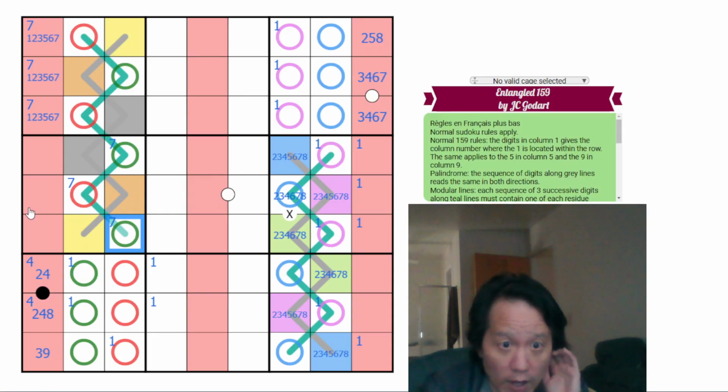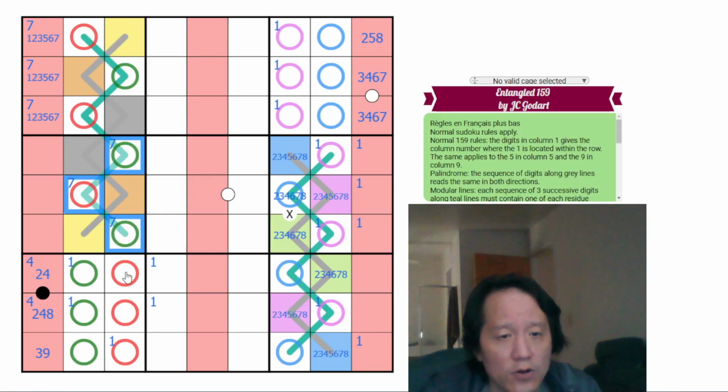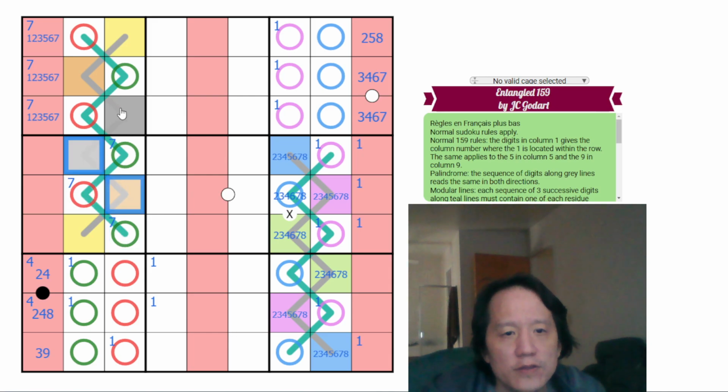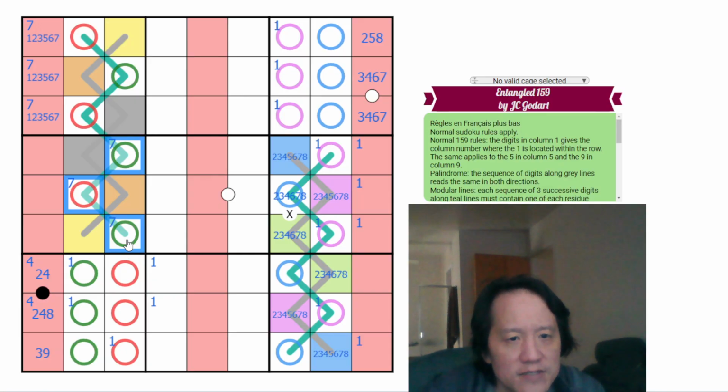4 cannot be here, right? If this, so we know this 7 has to be here. It cannot be the gray, the orange, or yellow. So the 7 has to be here. Because the 7 has to be here, it cannot have a 1 and it cannot have a 4.